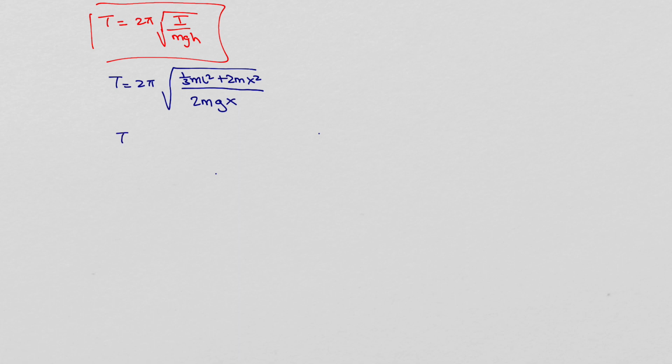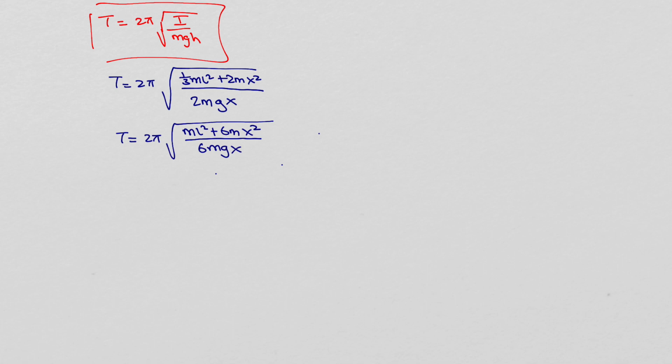I'm just going to simplify that and tidy it up. I'm going to multiply the top and the bottom by 3 just to get rid of the fraction. If I multiply the top by 3, I get ml squared plus 6mx squared. And if I multiply the bottom by 3, I get 6mgx.